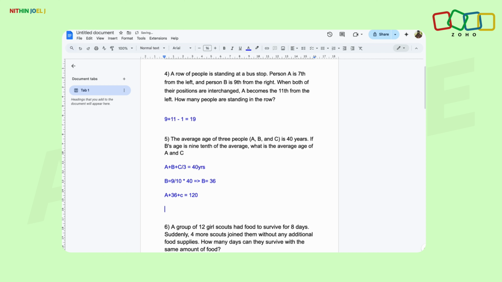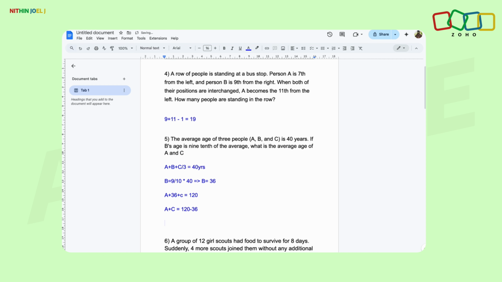So now A plus C is equal to 120 minus 36. Since they have asked, we have to find the average of A and C. We will just do (A plus C) by 2, which is equal to (120 minus 36) by 2.